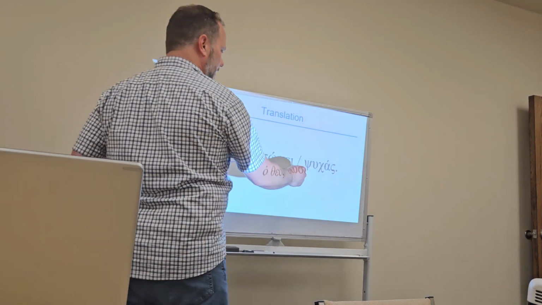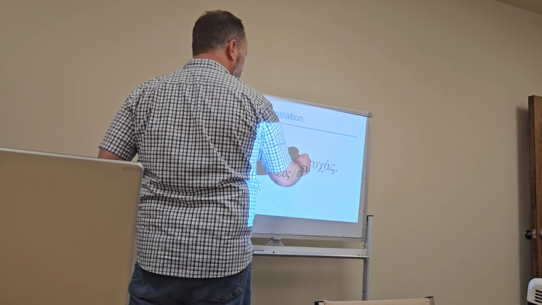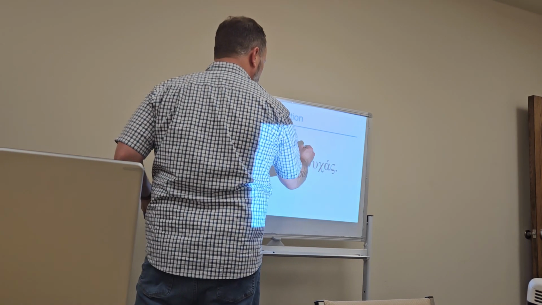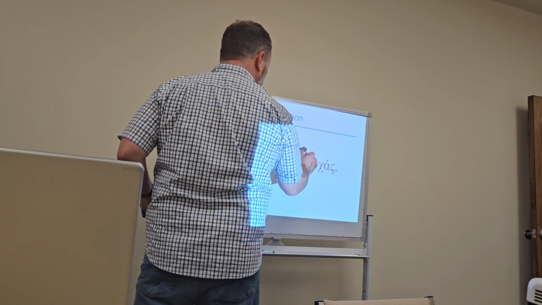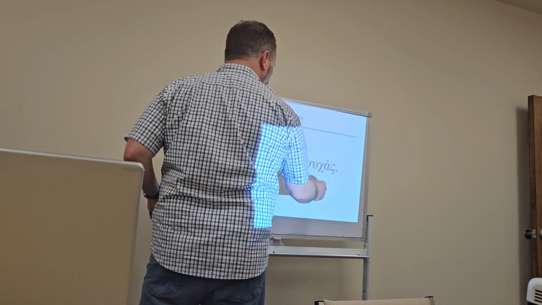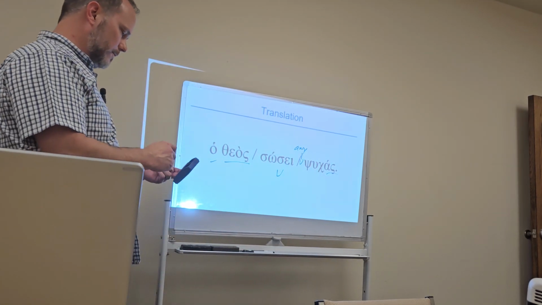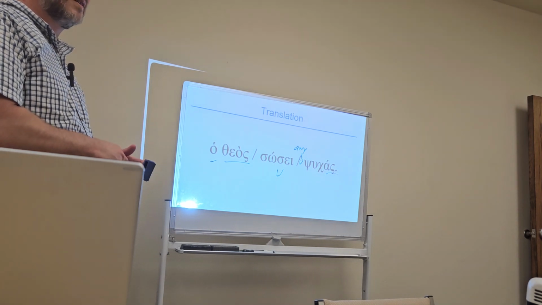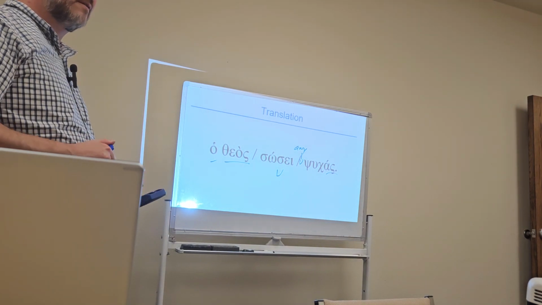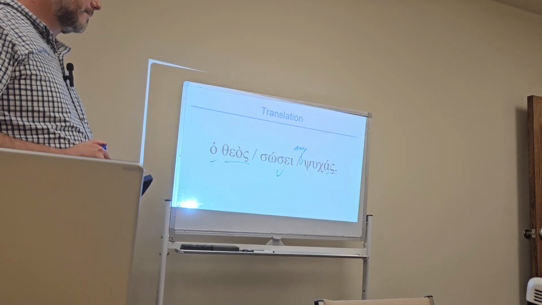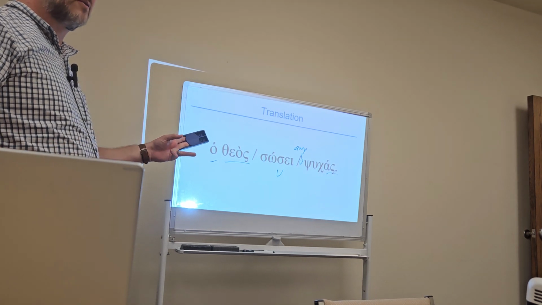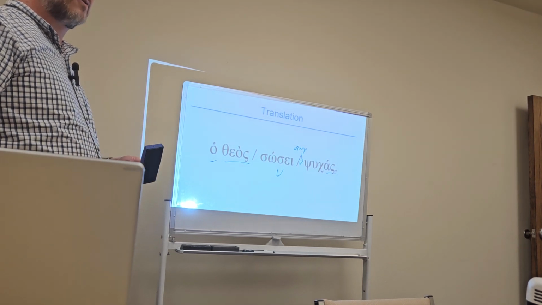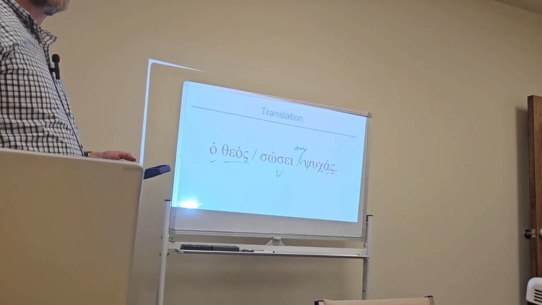also here, since we don't have the definite article, this could be any. I have to bring that into play. And then we have here our ending for accusative plural in the feminine gender. So we're missing an article here that's going to stand in for being an indefinite article.